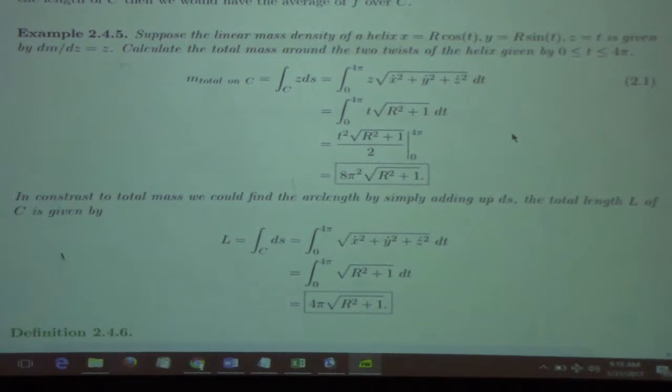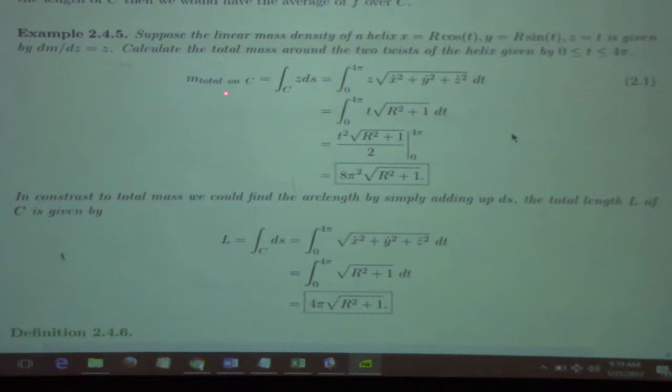That should be ds. Yeah, that's what I mean there. So the mass per unit arc length is given by z. What that means is it's a lumpy helix, right? It starts out really thin, but as it goes up, it gets thicker and thicker and thicker. It's a weird helix. Or just denser and denser and denser. Or sure, if you wanted to make it denser.